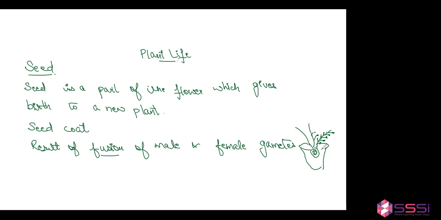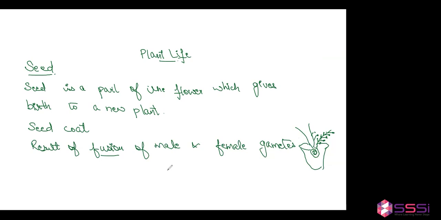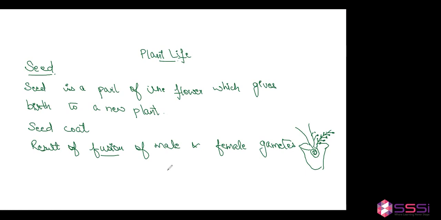This seed is enclosed in an ovary, which is the essential feature of a flowering plant. So the flower is there and then the seed is enclosed by the ovary.